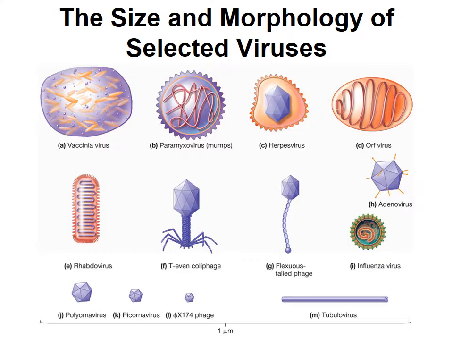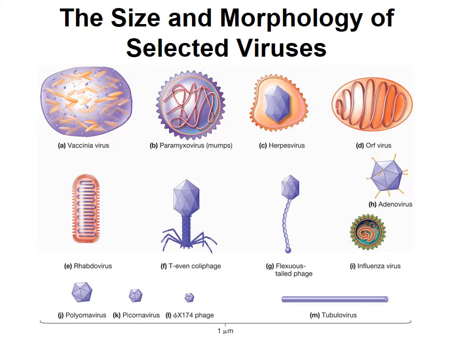D, the Orf virus. In E, we have this characteristic bullet-shaped virus, rhabdovirus, and the rabies virus belongs to this group of viruses. In F and G, we have two examples of phages, that is, viruses that infect bacteria.